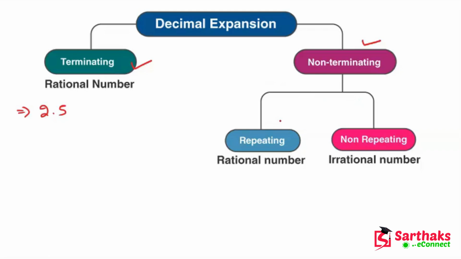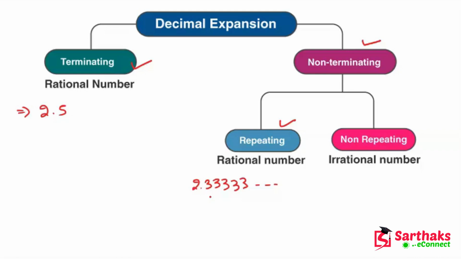There are again two categories. The first category is when after the decimal point the number is repeating, like 2.3333 and so on. This is not terminating, but the number is repeating after the decimal point. So this number is a rational number.